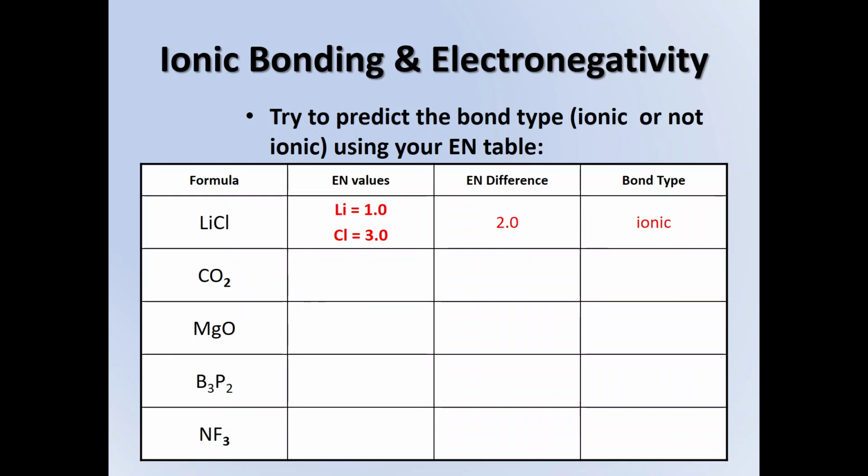So lithium chloride. Lithium is 1.0, chlorine is 3.0, the difference is 2.0, this would be ionic. What about carbon dioxide, CO2? Ionic or not ionic? Not.